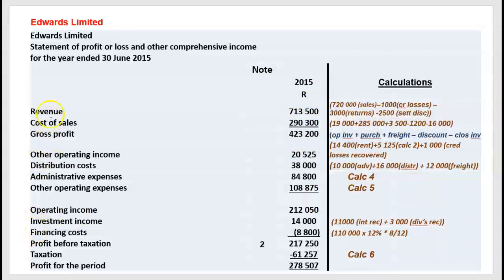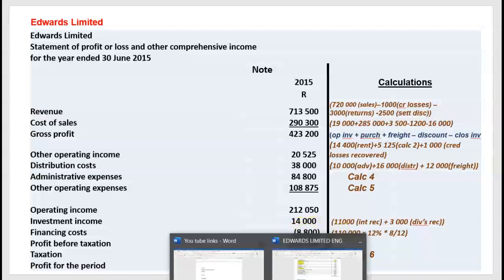So once we've written down the whole skeleton, we know that we have a line item for financing cost, and as we're completing this whole thing step by step, we can complete the figures as we go along. So there's the 8,800 Rand then for financing costs.